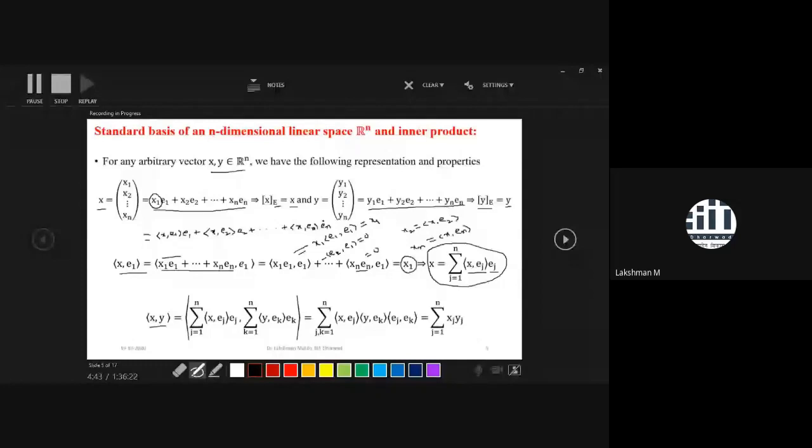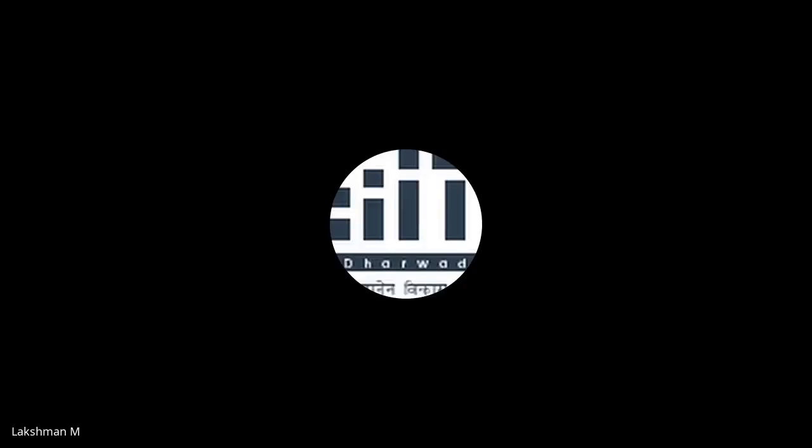That's why this scenario comes here. The diagonal scenario will come here when j equals k.